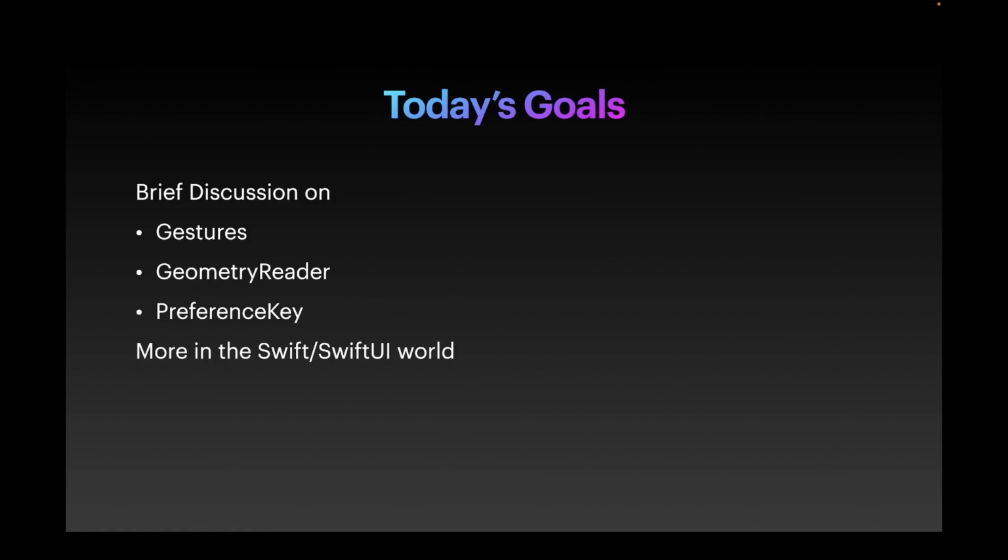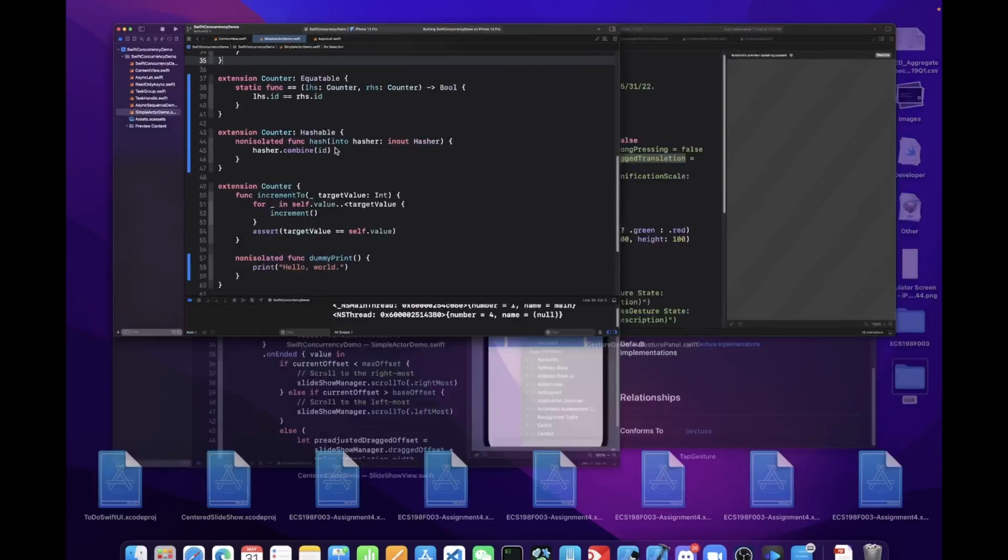Also, we're gonna conclude our class for this quarter and give you an overview of the entire picture of the SwiftUI world, the Swift world, the iOS development world, and all the different frameworks provided by Apple. Now let's jump directly into the gesture part.